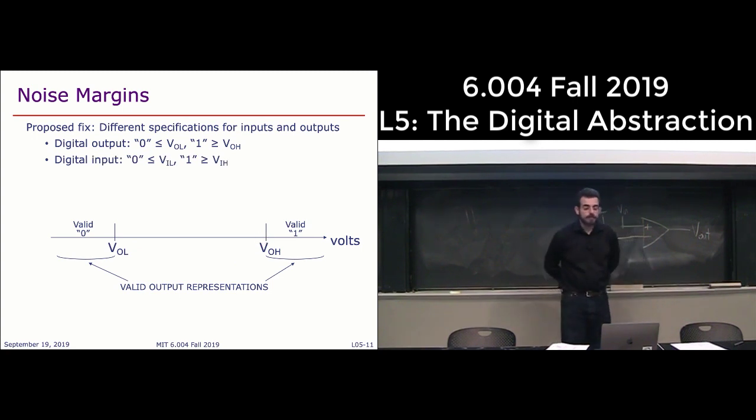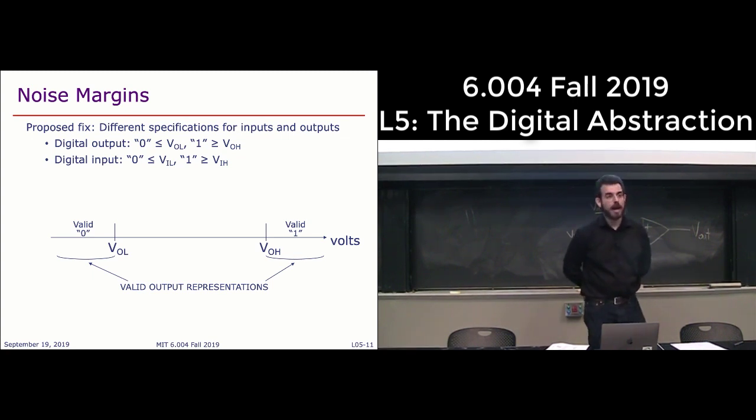And then for the inputs, we define two different thresholds that we're going to call VIL and VIH, right? Everything that is smaller than VIL, the input is going to accept as a valid digital 0. Everything that's larger than VIH, we're going to accept as a valid digital 1.